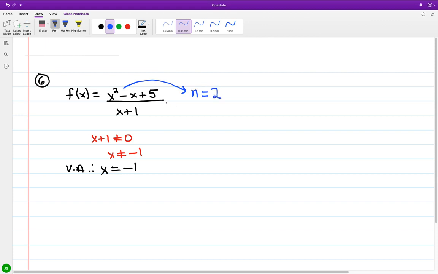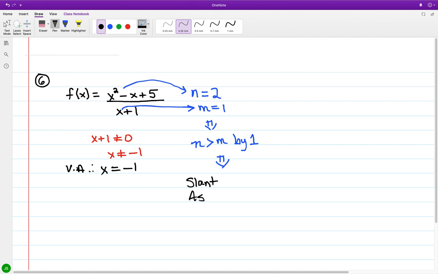The highest degree term in the numerator is x to the second, so n is equal to 2, and in the denominator, x is the higher degree term, so m is equal to 1. Comparing the degrees, n is greater than m by 1 degree, and from this we're going to have a slant or oblique asymptote.